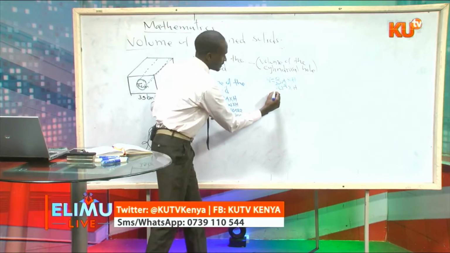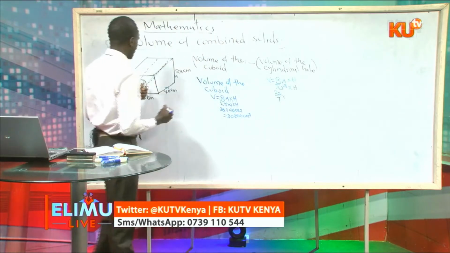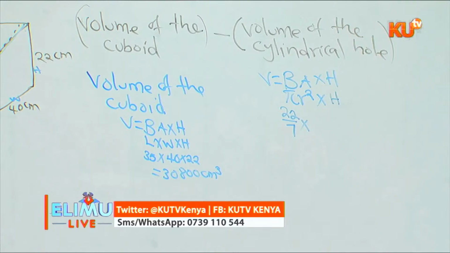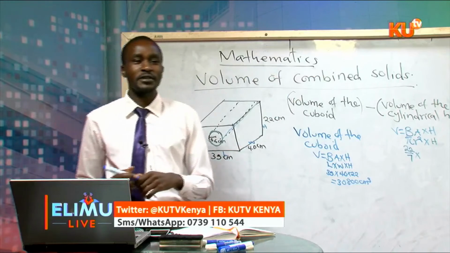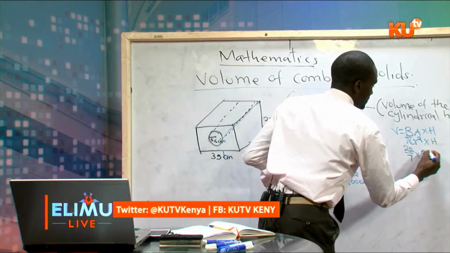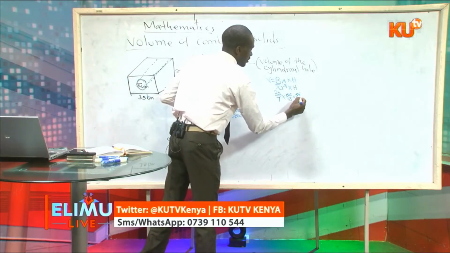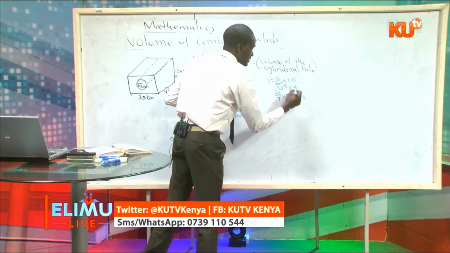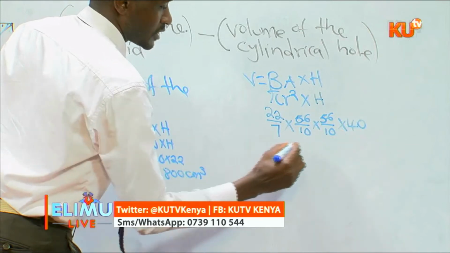So pi is 22/7 by radius. Our radius is 5.6. So we will make 5.6 as a fraction. Then it will be 56/10 times 56/10 times height, whereas we have said our height is 40.